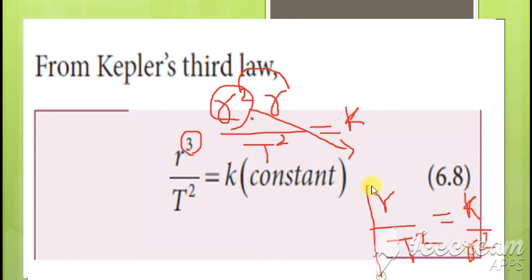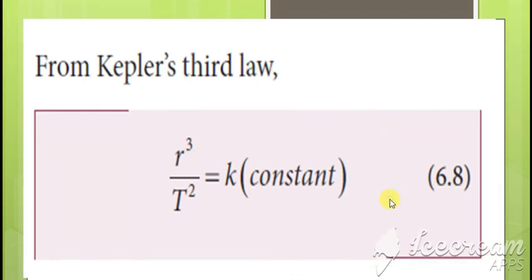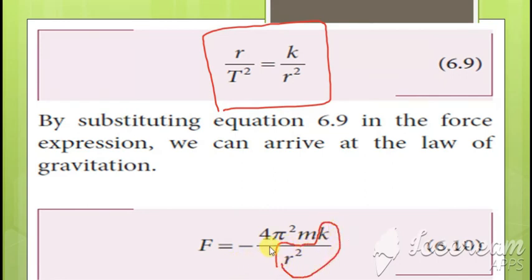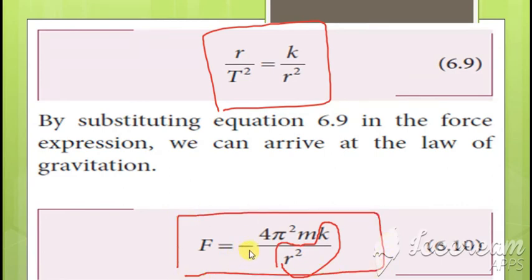This is the value we are going to substitute in the equation of F, so instead of r divided by t square, I am going to write k divided by r square. This gives the formula for F, which is minus 4 pi square m k divided by r square. Clear?